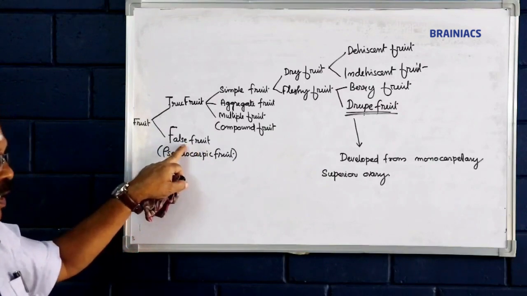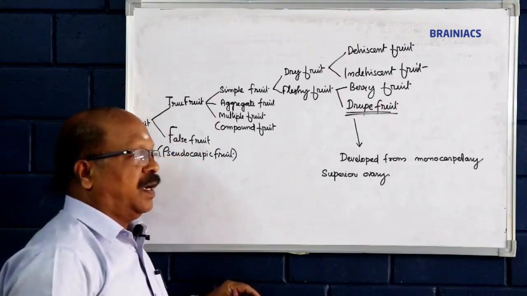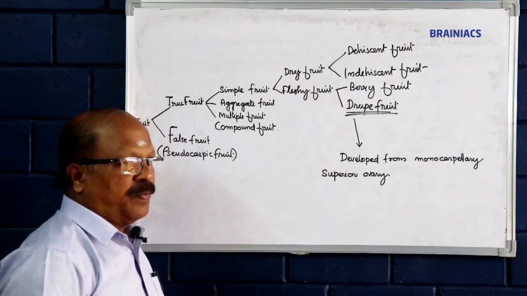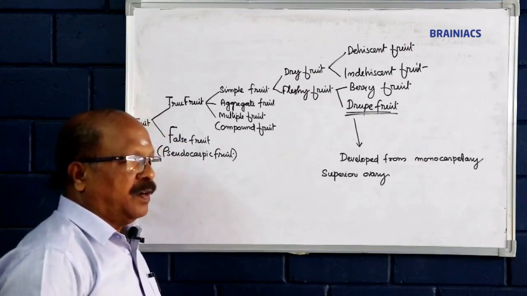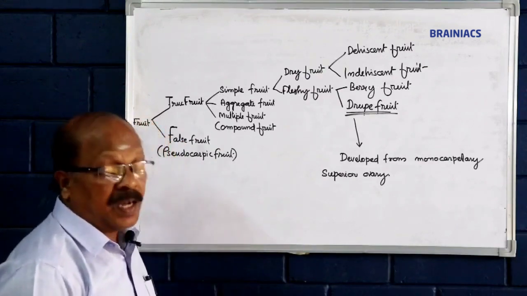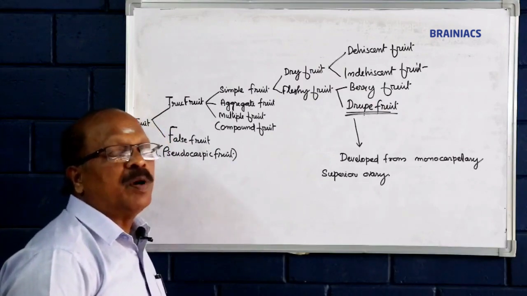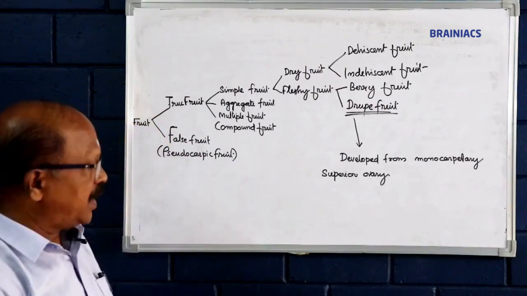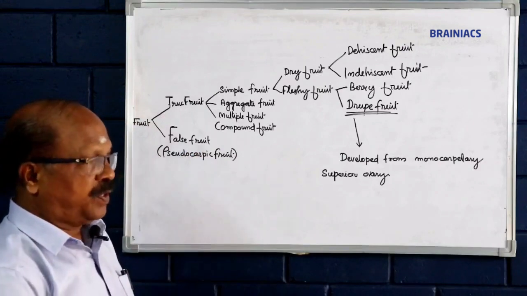In false fruits, the fruit does not develop from the fertilized ovary, but a part other than the ovary becomes the edible part.